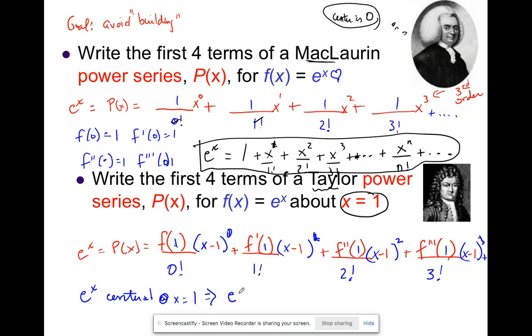E. Plus x minus 1 to the 0, which is just 1 divided by 1, plus f prime at 1, e, times x minus 1, plus f double prime at 1, e, times x minus 1 squared over 2, plus f triple prime at 1, e over 6, or 3 factorial, don't care what you write, x minus 1 cubed.